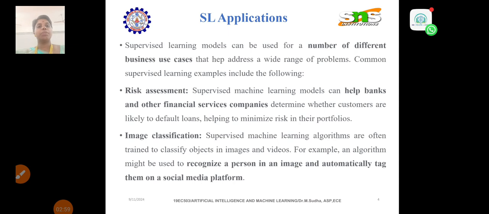Then come to image classification. Supervised machine learning algorithms are often used to classify objects in images and videos. For example, an algorithm might be used to recognize a person in each image and automatically tag them on a social media platform. Yes, in day-to-day life, we are all fond of social media platforms, right?